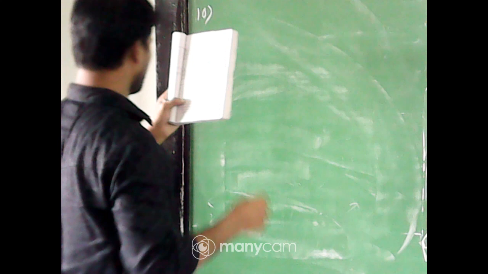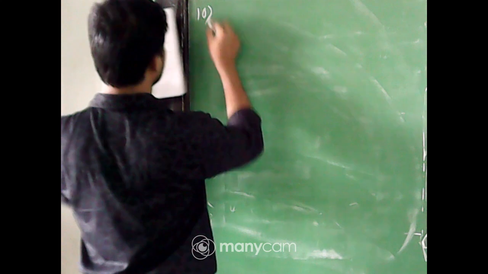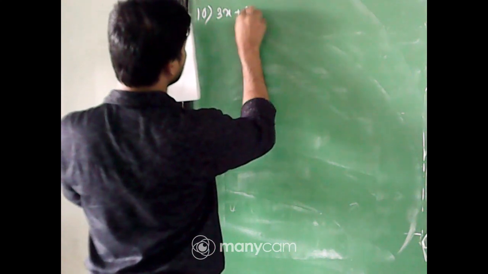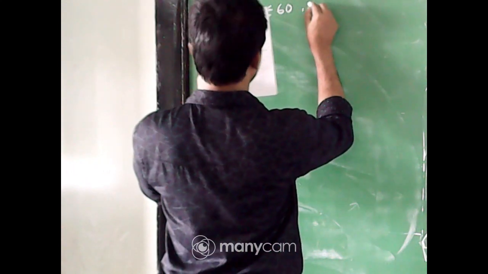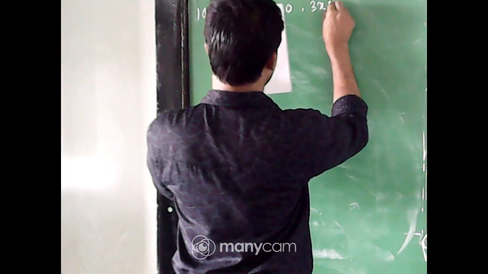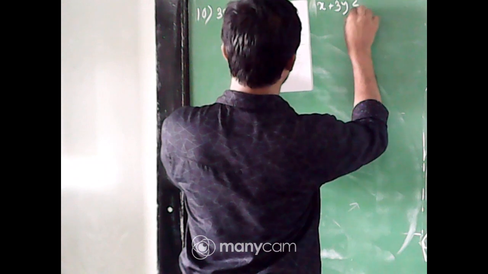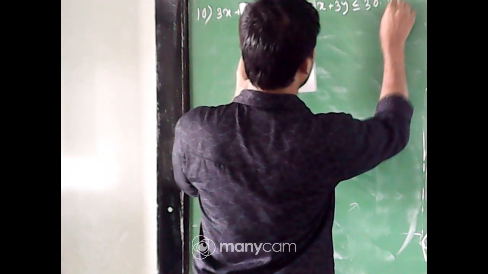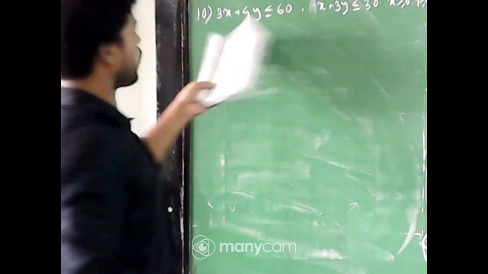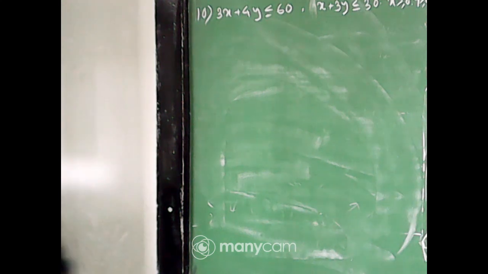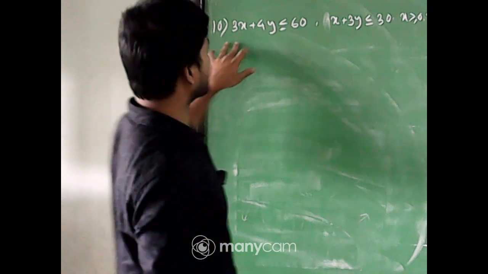Question number 10 is 3x plus 4y is less than or equal to 60, and x plus 3y is less than or equal to 30, and x greater than or equal to 0, y greater than or equal to 0. We have a set of four inequations. We have to find out the common region bounded by these four.